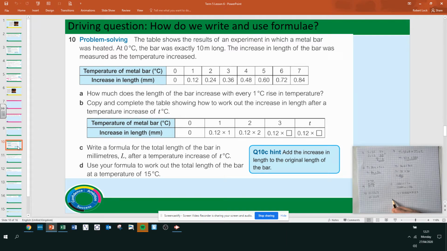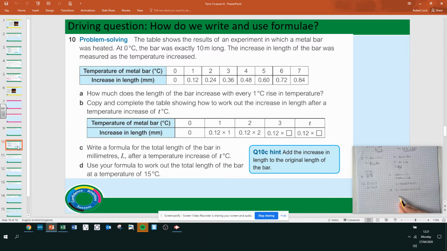D. Use the formula to work out the total length of the bar at a temperature of 15 degrees Celsius. So L equals 10,000 plus 0.12 times 15.